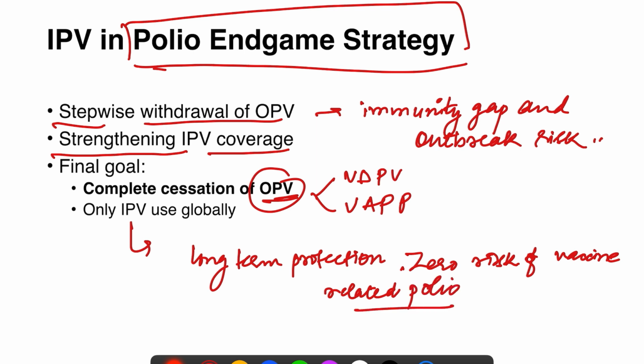Why is there zero risk of vaccine-related polio with the IPV? Because it contains killed virus. So, there is no chance of getting polio from the vaccine.